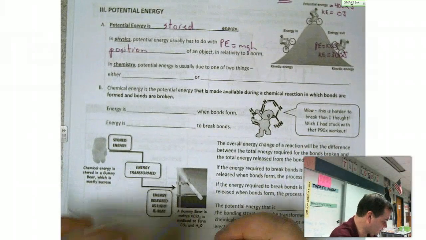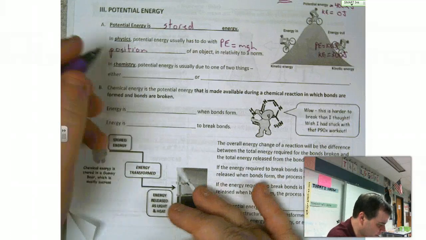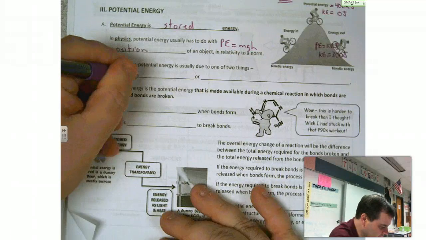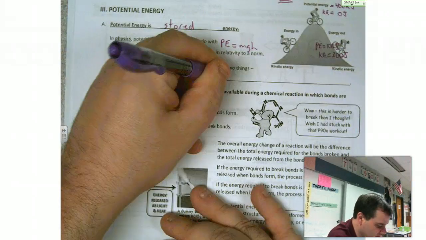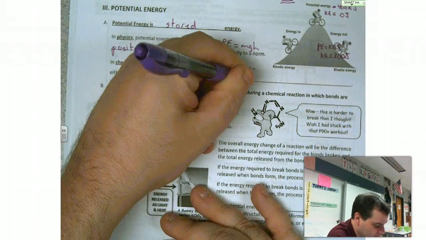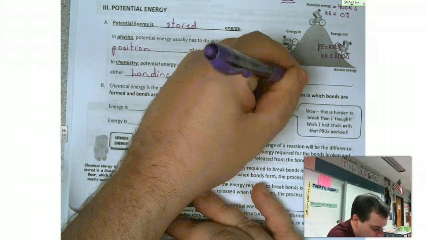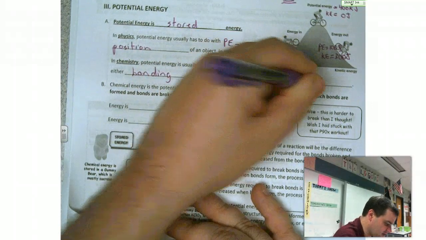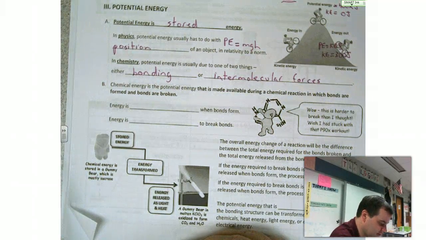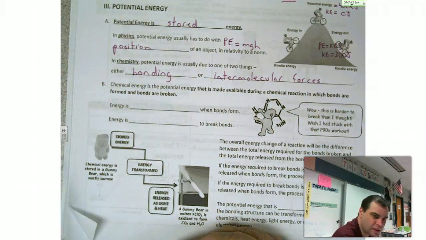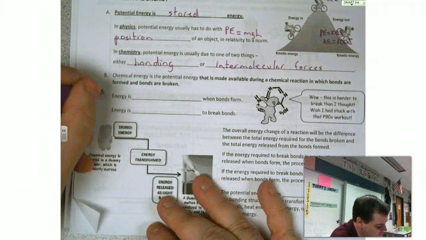In pre-AP chemistry, and in chemistry too, potential energy is based off of the bonding and/or intermolecular forces. If we're talking about chemical changes, we're talking about bonding. If we're talking about physical changes, we're talking about intermolecular forces. I'm going to go over this better when we do energy diagrams in the next video.